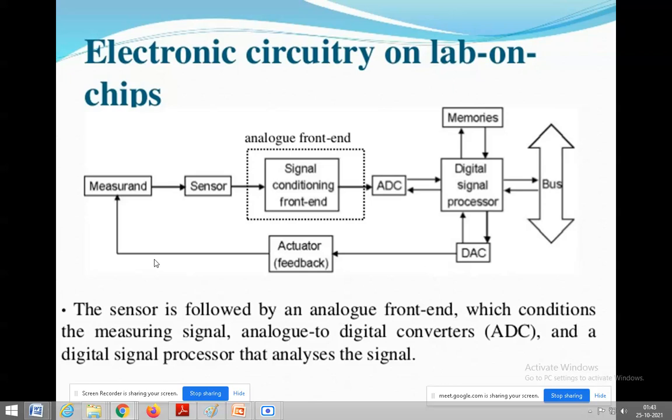Okay, any process will be done in the digital signal processor. Okay, so that will be saved in the memories. For that purpose only you are going to use the memory device.